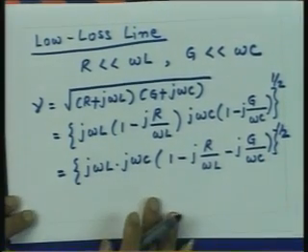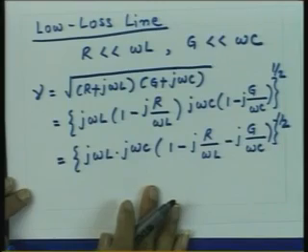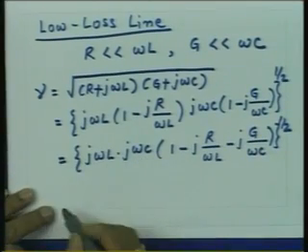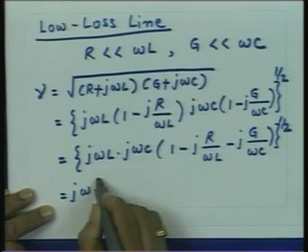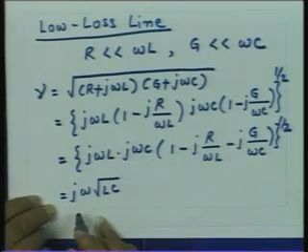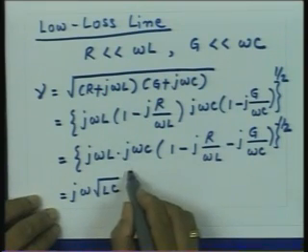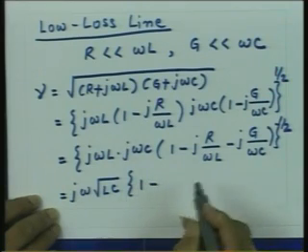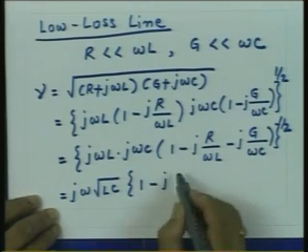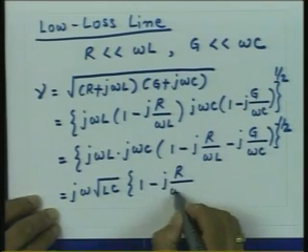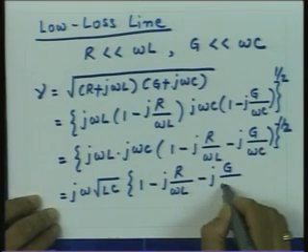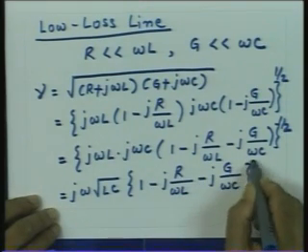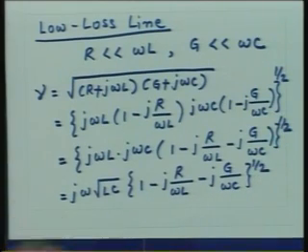This quantity I can take out, so that is equal to j omega square root L C into (1 minus j R upon omega L minus j G upon omega C) to the power half.